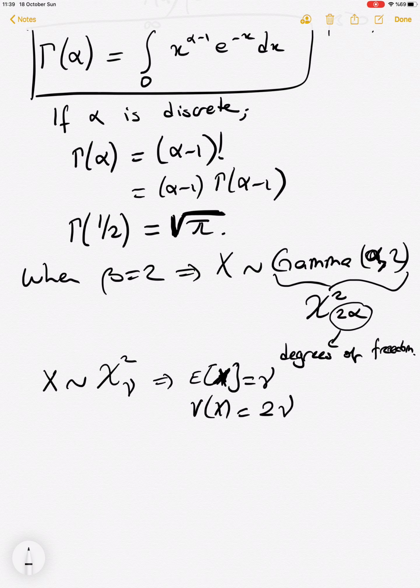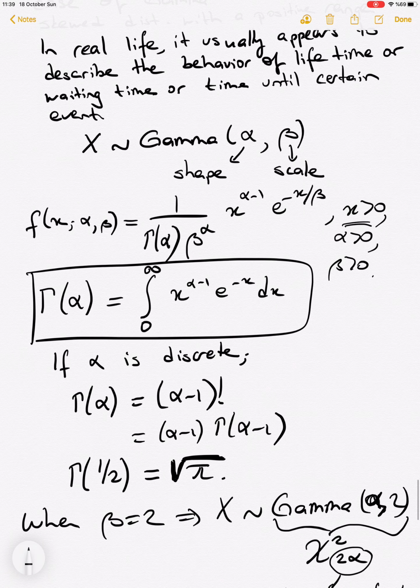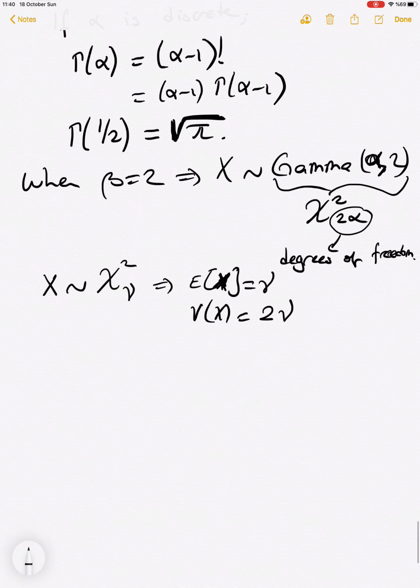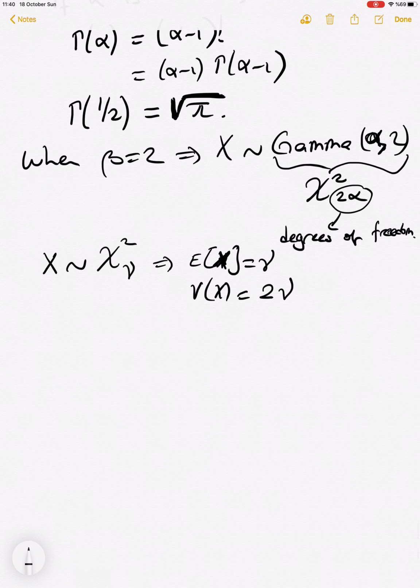If you remember, for gamma distribution, the expected X is the multiplication of the parameters, alpha beta, and the variance of X is alpha beta squared.